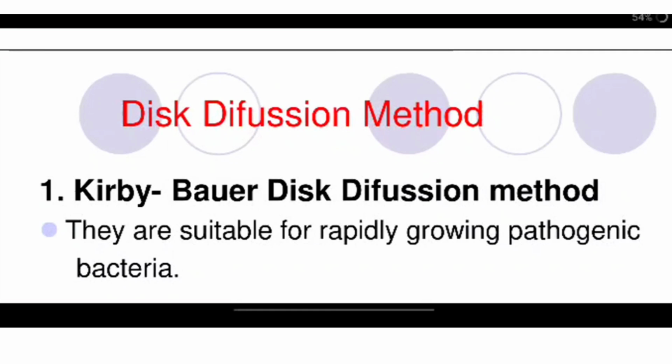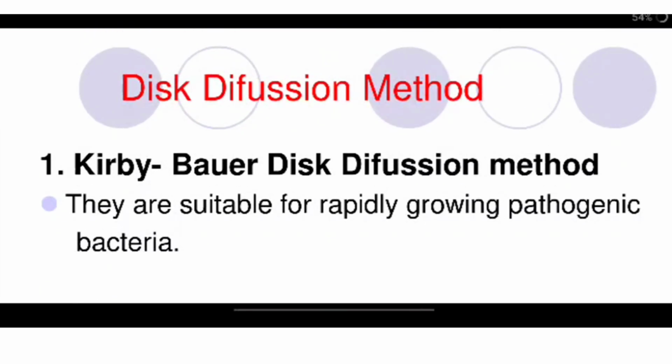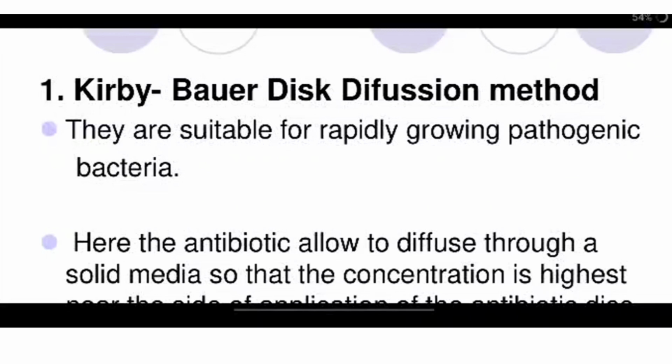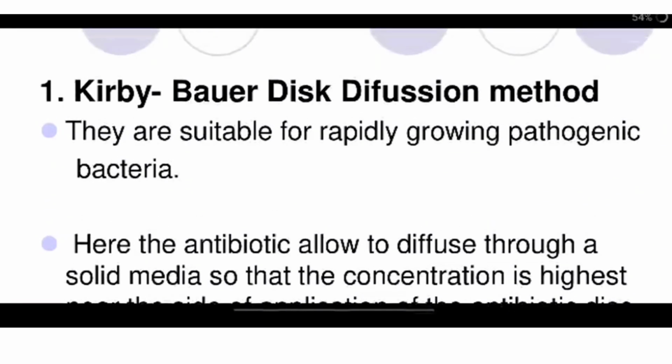So, we will discuss the first method, that is the disk diffusion method. First is Kirby-Bauer's disk diffusion method. It is suitable for rapidly growing pathogenic bacteria because the Kirby-Bauer disk diffusion method is very easy to perform.